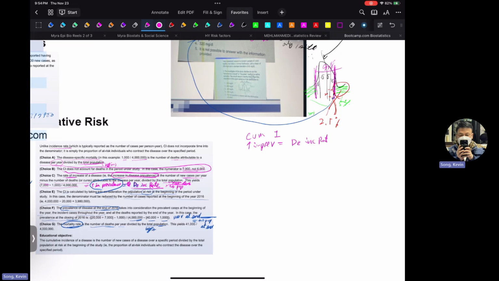And then also the prevalence at the end, the disease prevalence and mortality rate. This is very, very confusing terminology.